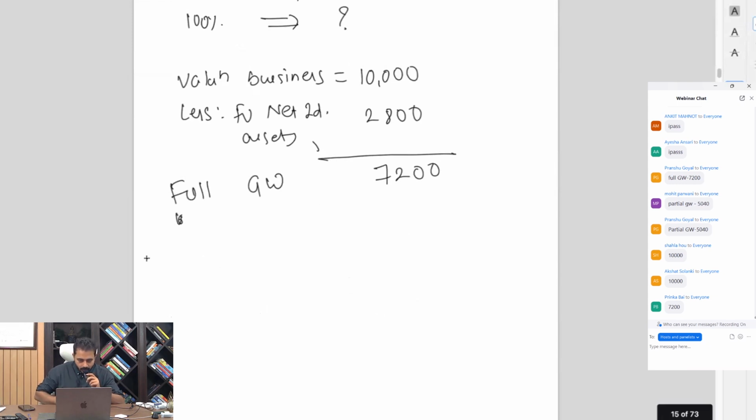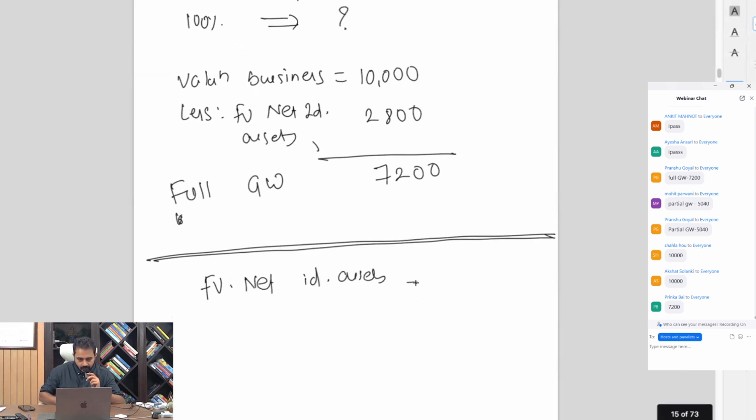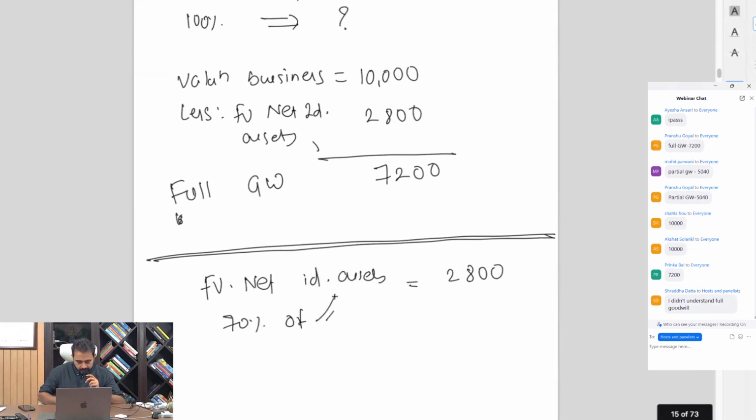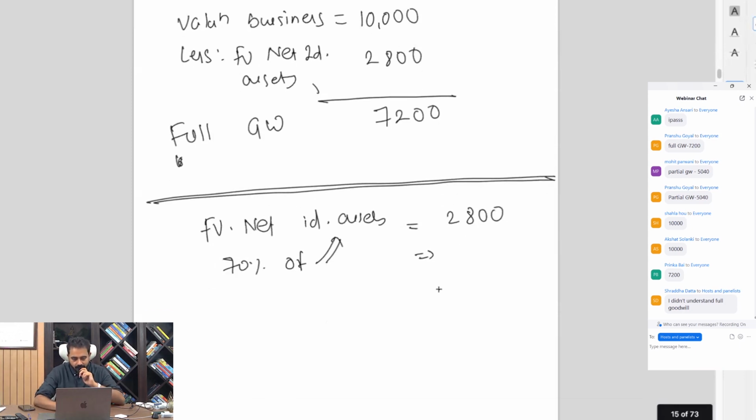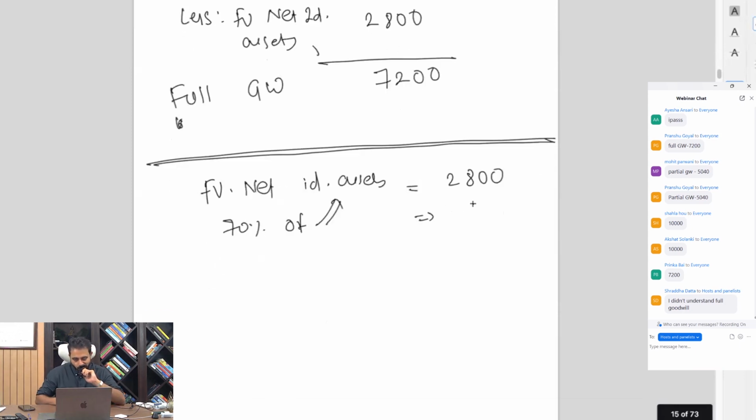Now, how would we do this in IFRS? So in IFRS, we will say, okay, the fair value of net identifiable assets are 2,800. 50% of this should be equal to 2,800 into 70%. How much is that? 1,960.